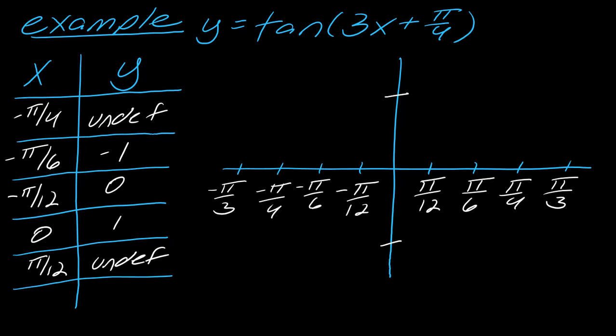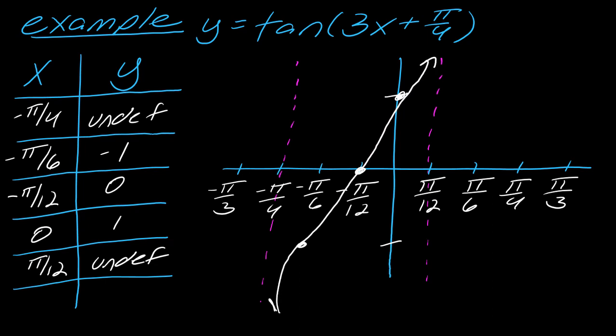So first things first, I have to mark my asymptotes. So there we go. And so let's see, there are my asymptotes, and then I can start plotting my points. Negative pi over 6, -1, negative pi over 12, 0, 0, 1, and then I can go ahead and connect.